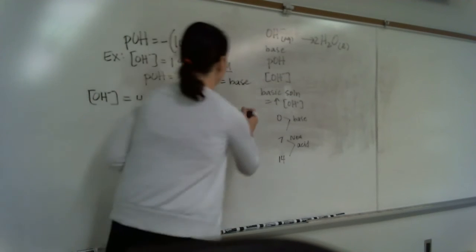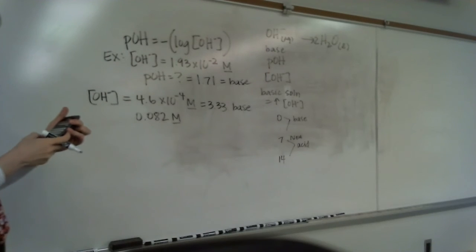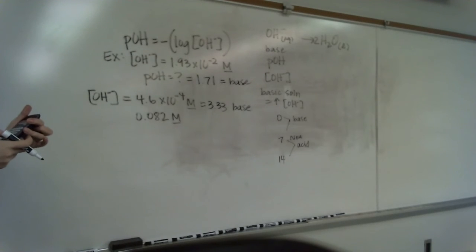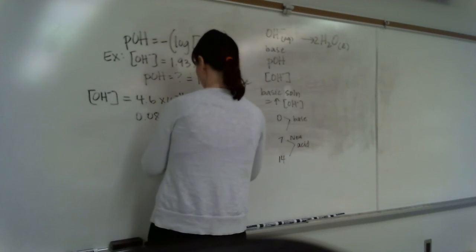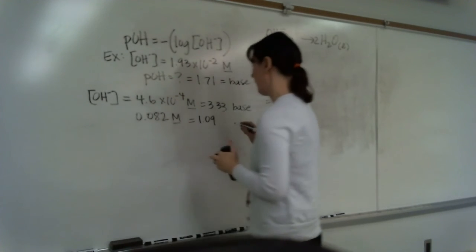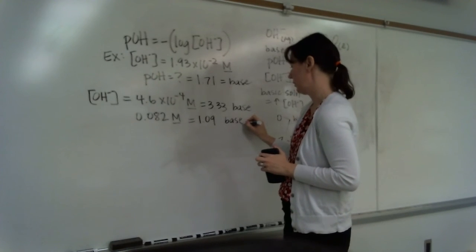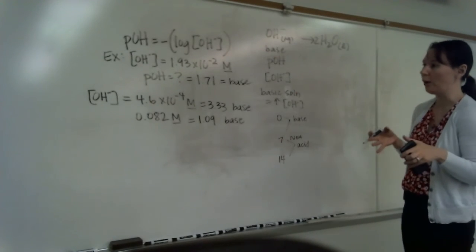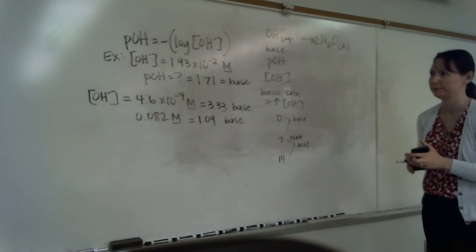It'd be a base, right? And 0.082, take the log of that, and we change the sign. 1.09. Again, what would that be? That would also be a base. Right? If it's low on the pOH scale, it translates to being high on the pH scale.